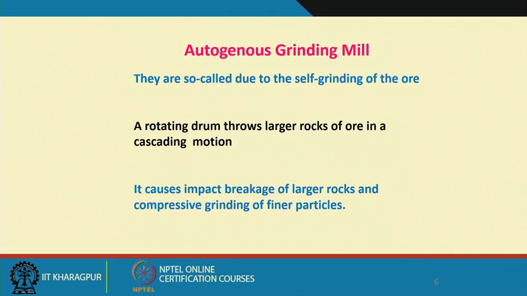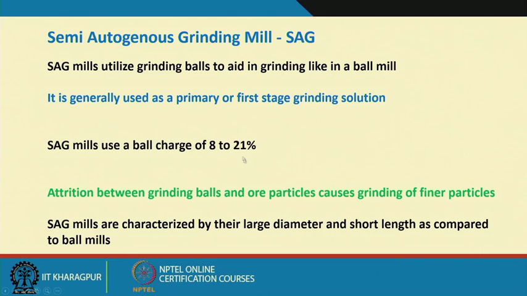Even when a larger rock falls onto finer particles, it can be because of impact or compression, because there can be one bigger particle here and another bigger particle there, with a relatively finer particle in between, and there may be a compressive force also. So it is called compressive grinding for finer materials.